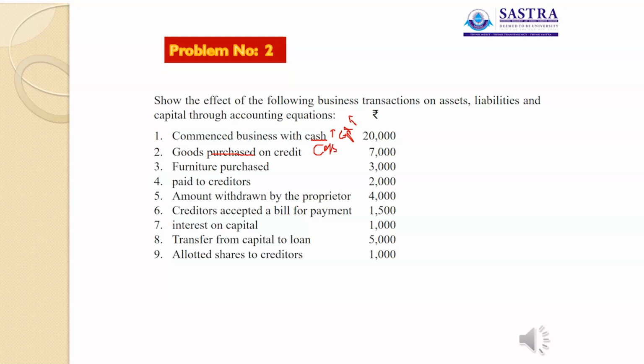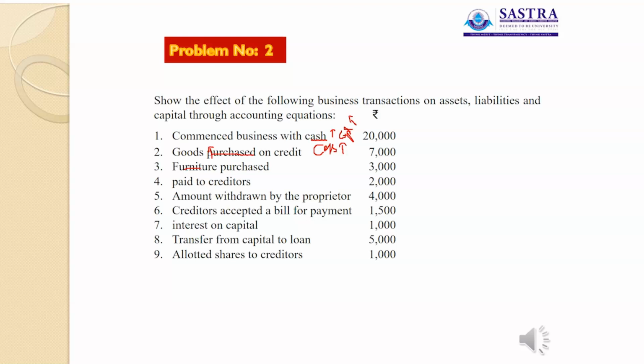Here liabilities are increased, and asset is also increased. Then furniture purchased. Here there are two accounts, one is furniture account and another one is cash account. So furniture increased, asset increased, but cash will be decreased.